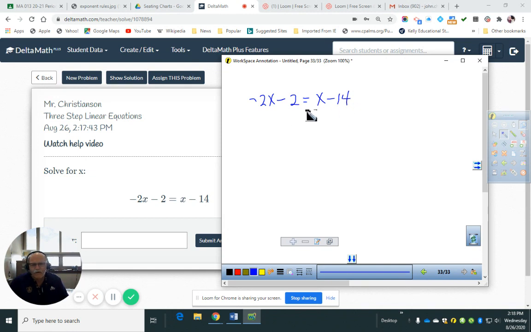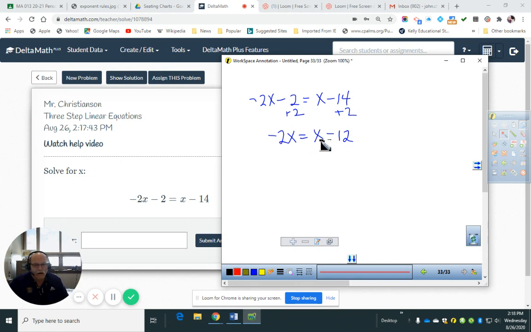And it doesn't really matter. If you just do it the same way every time, you won't get confused at all. So I'm going to add 2 to both sides of this, and I get negative 2x equals x minus 12, right?